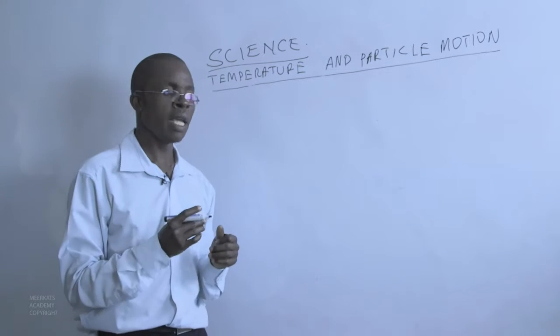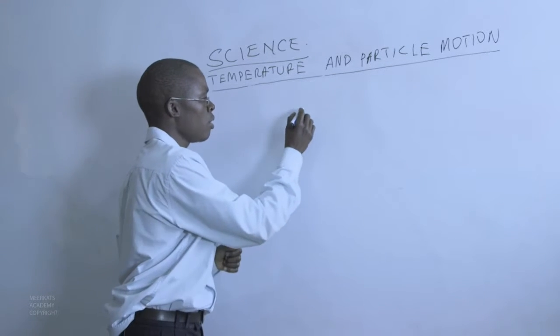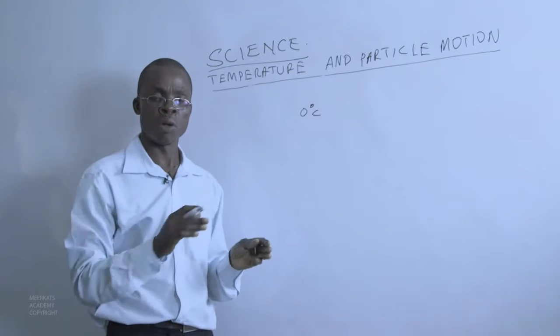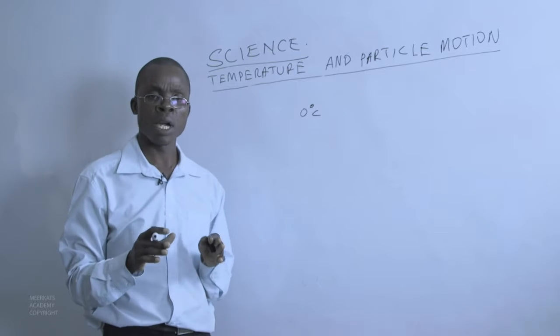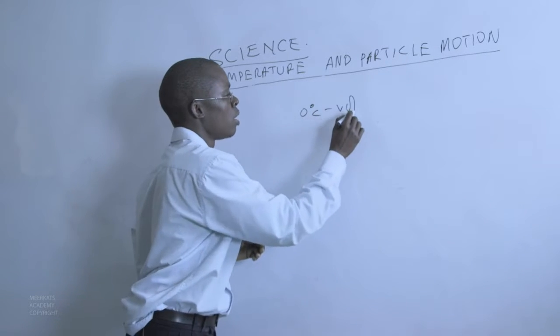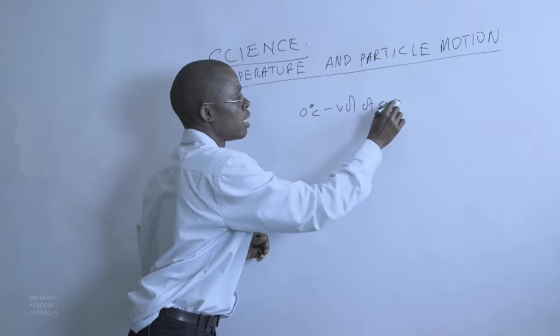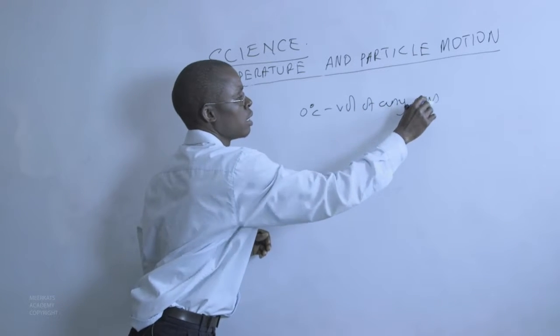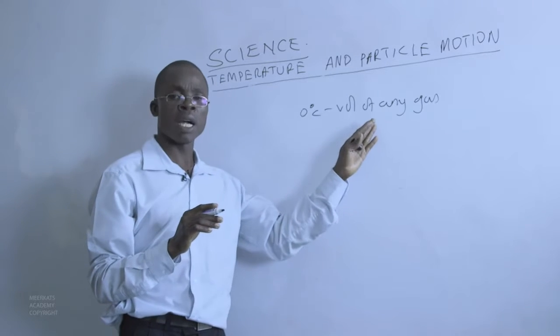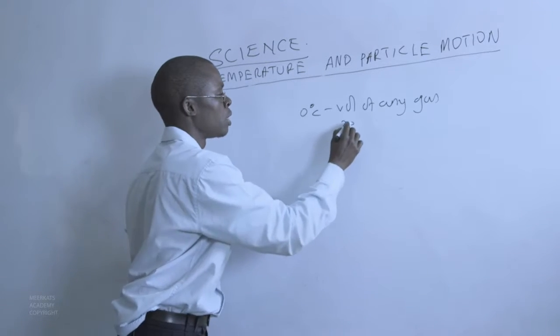To him, he expected at 0 degrees centigrade, everything should be zero. And particularly for gases, at 0 degrees centigrade, the volume of any gas was supposed to be zero.